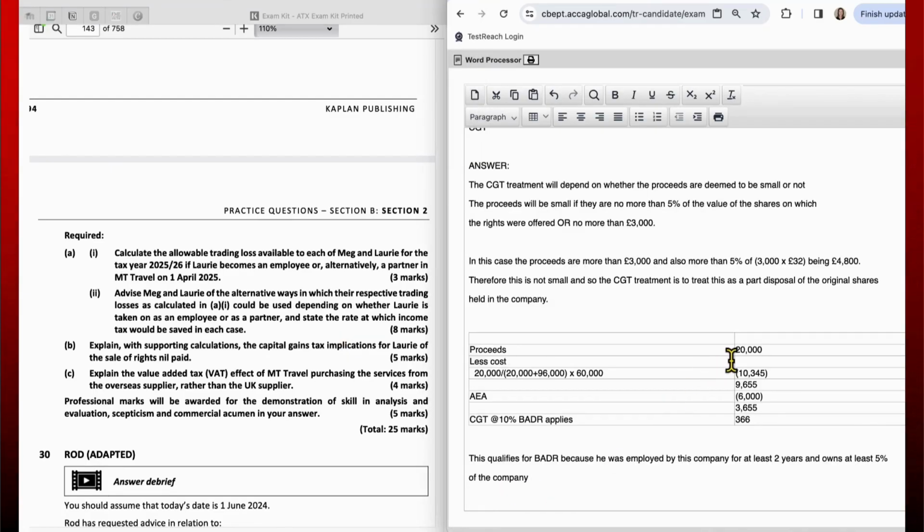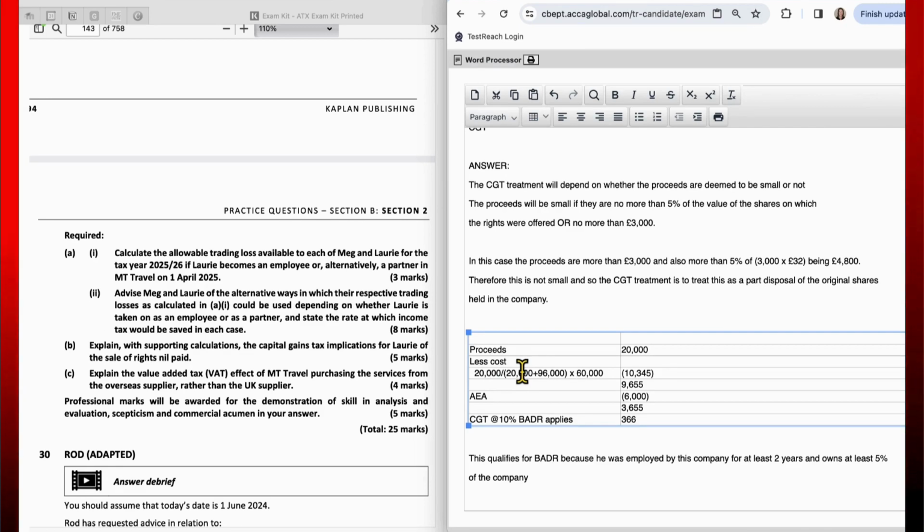So I've done a calculation then. I've just used the wee table function in the word processing answer space. Proceeds are 20,000, and we're treating this as a part disposal. So it's the A over A plus B formula for a part disposal. A being the value of what we've got rid of, that's 20,000 because that's the amount of money somebody gave us. 96,000 plus 20,000 being the total value.